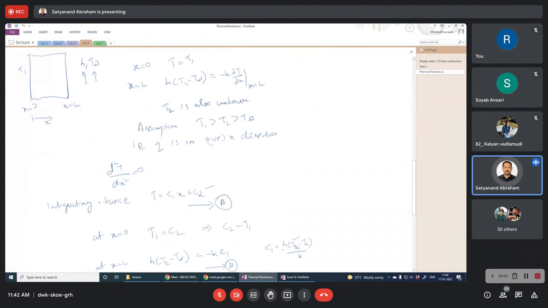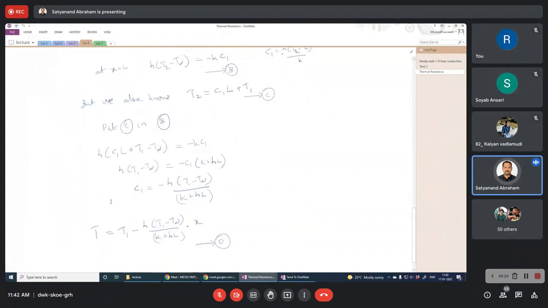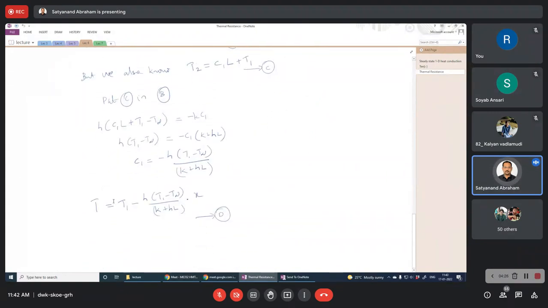We got the temperature profile T1 minus h into (T1 minus T infinity) divided by kh L, into x. T1 we know because that is one condition. h and T infinity we also know because that is the other boundary condition. k is the thermal conductivity of the slab we are talking about.